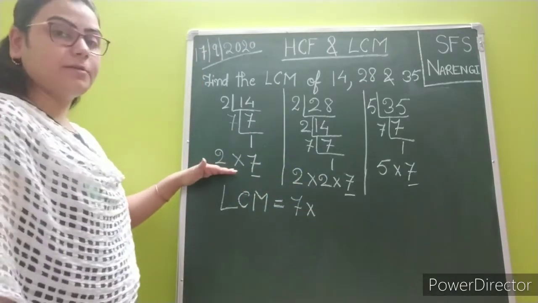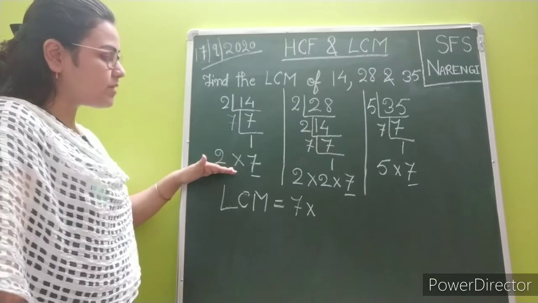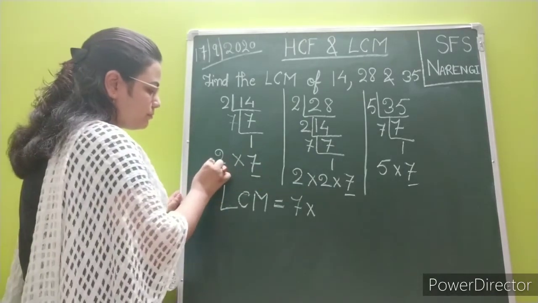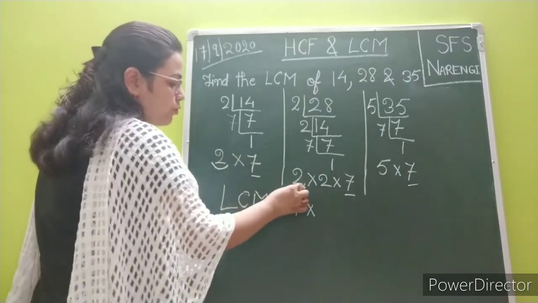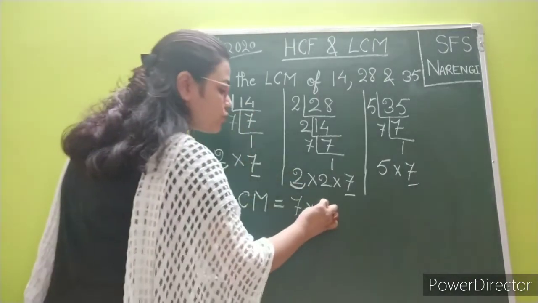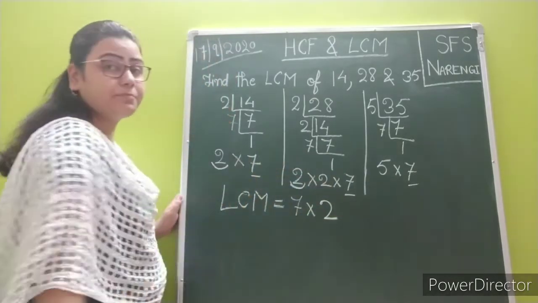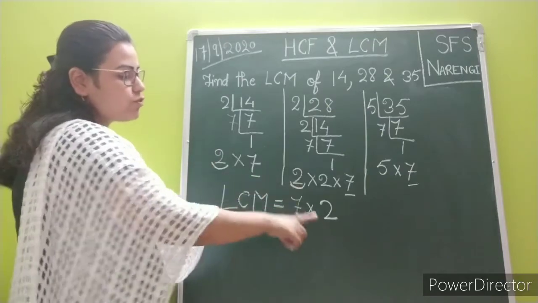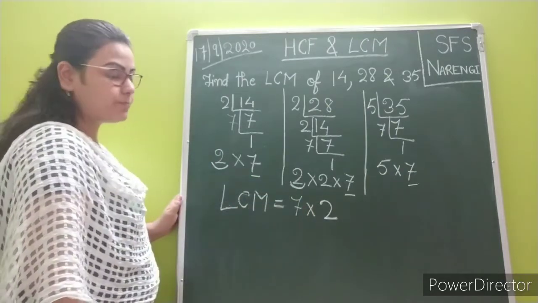Now, 2 is here, 2 is here also. So, in two places we have got a 2, and we are going to take one 2. So, from the two 2's, we have taken one 2.